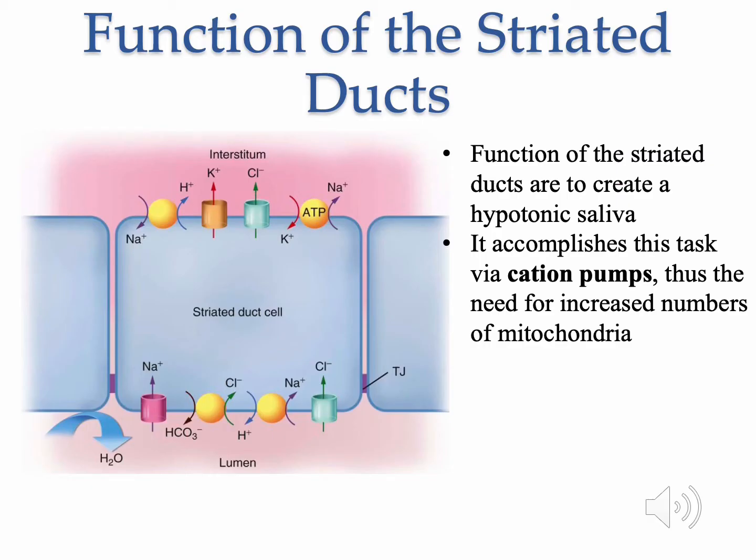The primary function of the striated ducts is to create a hypotonic saliva. So it's responsible for resorption of cations via pumps. These pumps require a lot of energy, and that's why we have this increased quantity of mitochondria sitting within the basolateral membrane of the ductal cells.